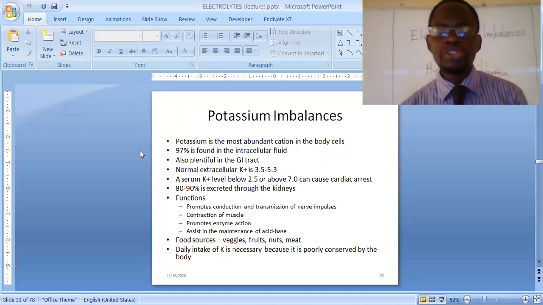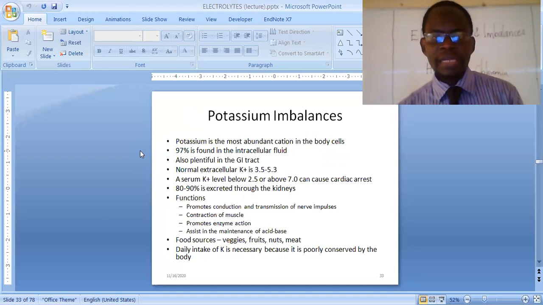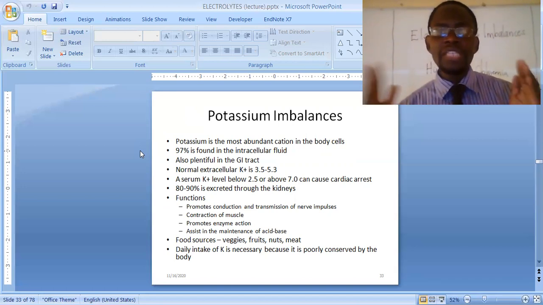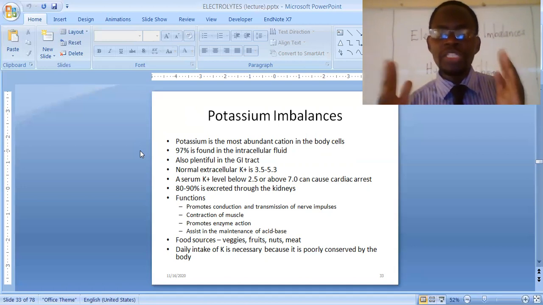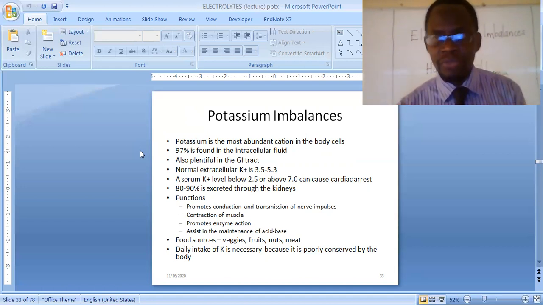The normal concentration is 3.5 to about 5 milliequivalents per liter. And so a serum level of lower than 2.5 or above 7 can basically bring about serious problems. Now, potassium, as you can see, the low ranges and how little it is in terms of concentration.